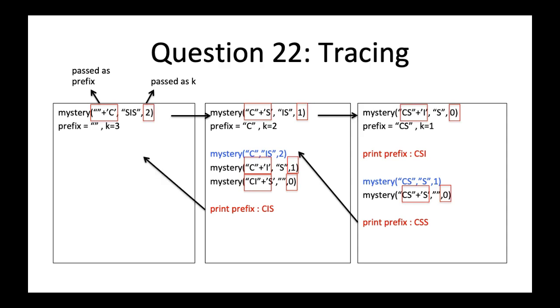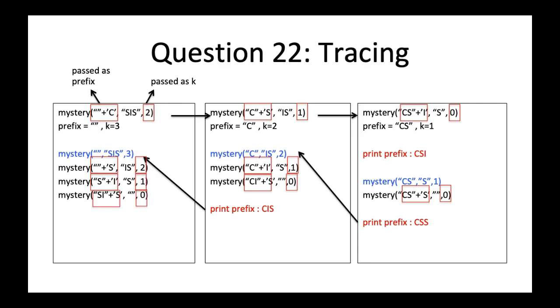We go back another step, where the blue method from the very first recursion is called with the original prefix and k of that recursion. Those were the empty string and 3. This consequently leads to the calling of the method in black until k becomes 0, thus leading the prefix SIS to be printed.